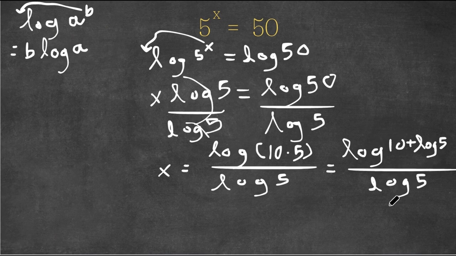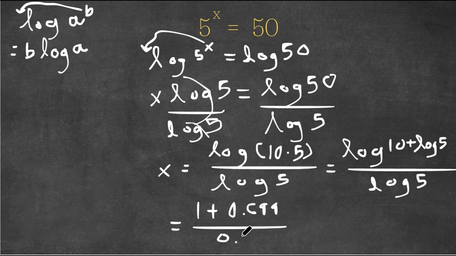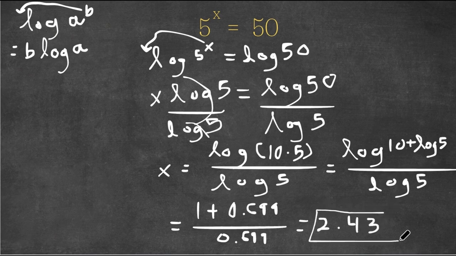Now log 10 is actually equal to 1, so this is equal to 1 plus log 5, which is approximately 0.699, and we have all this over log 5 again, which is 0.699. So this is equal to approximately 2.43. So this is our answer.